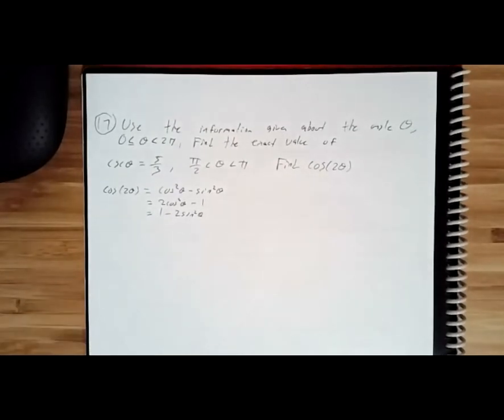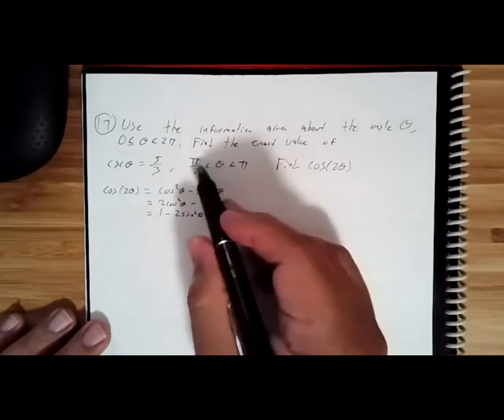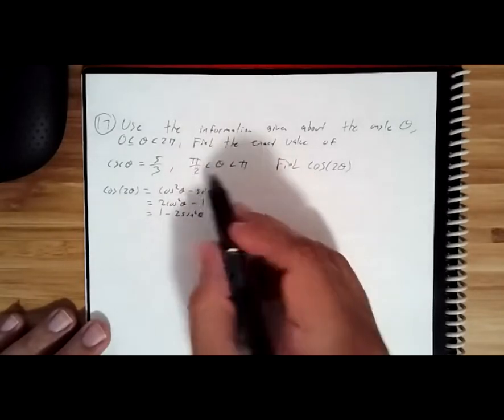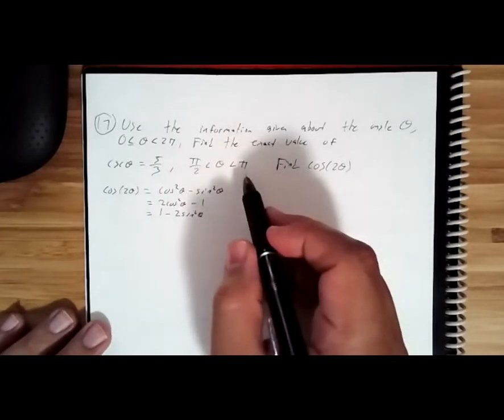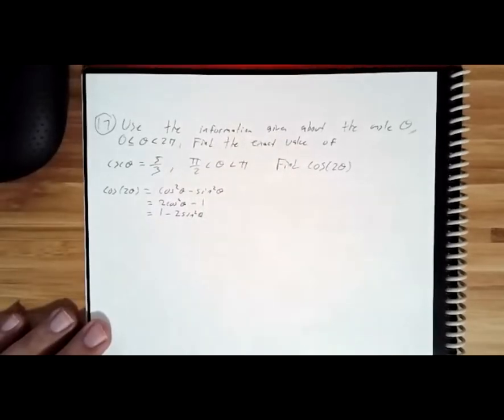So just pick one, right? But what quadrant is this? Pi over 2 to pi. Yeah, it's going to be the second quadrant.